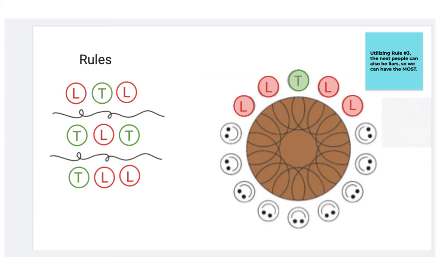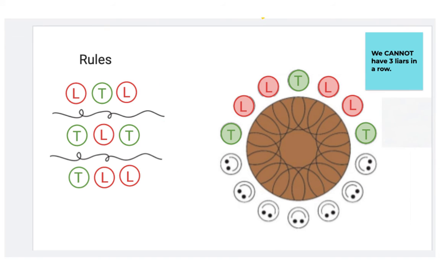The question asks, what is the most amount of liars that we can have at the round table? So we can use rule number 3, which says that one can be a truth teller and the other neighbor can be a liar. So let's assume that there are another set of liars on each side.